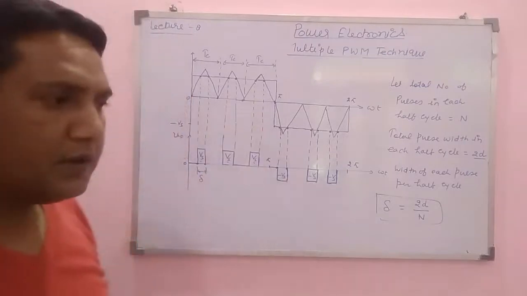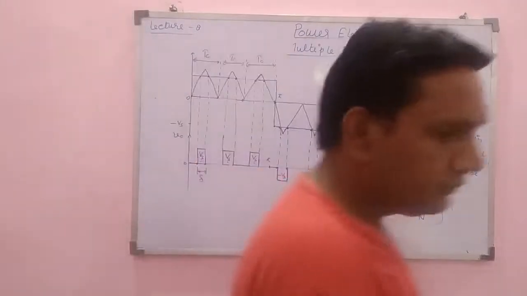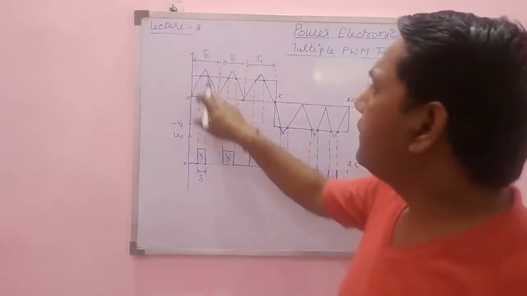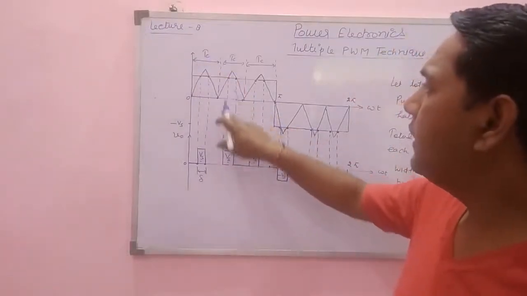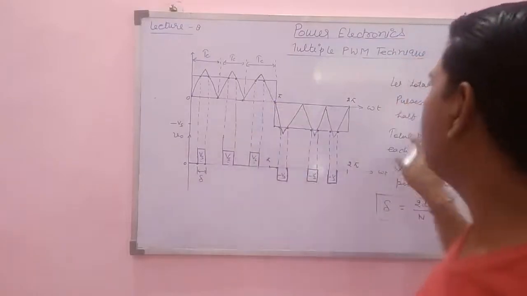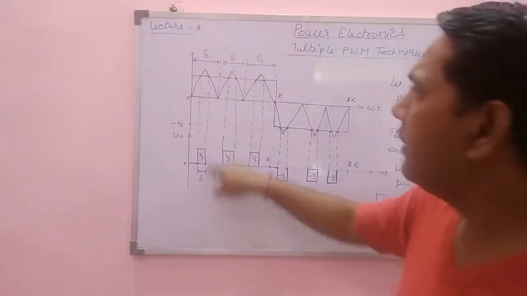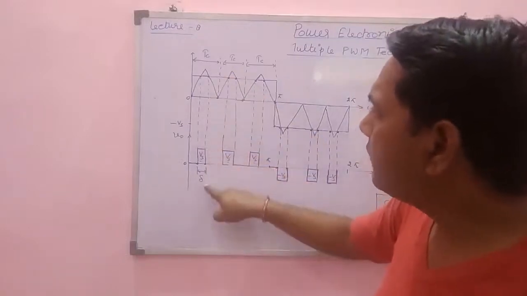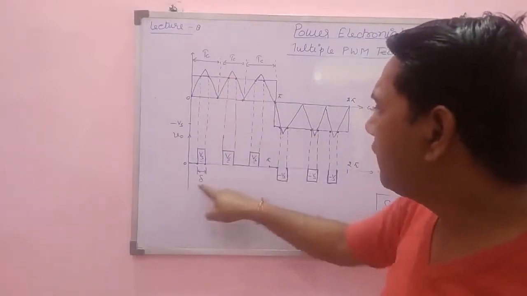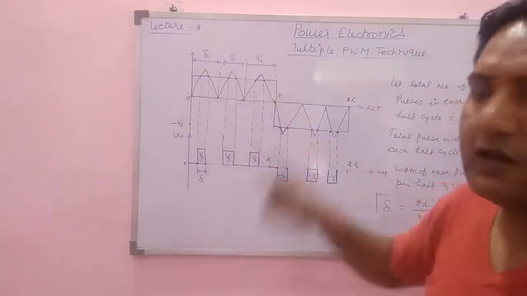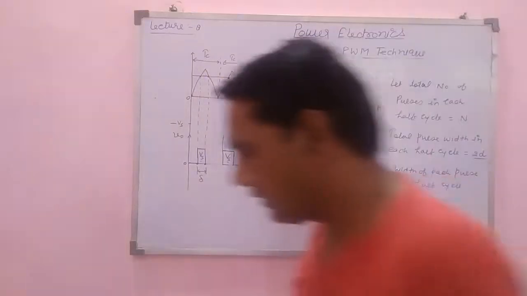So the total time period of the carrier wave will be how much? The time period of one cycle is Tc. Now how many cycles do we have? We have n cycles, because each cycle provides one pulse. Keep in mind, each cycle will provide one pulse. So we are getting n pulses in a half cycle. Therefore, there will be n carrier cycles in each half cycle.